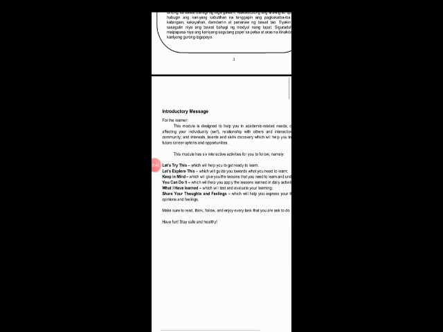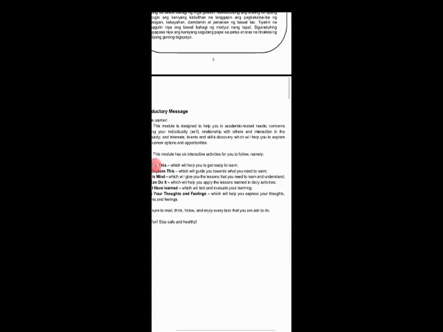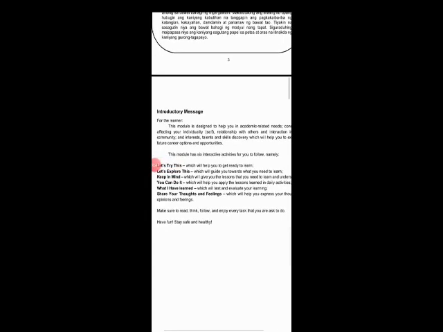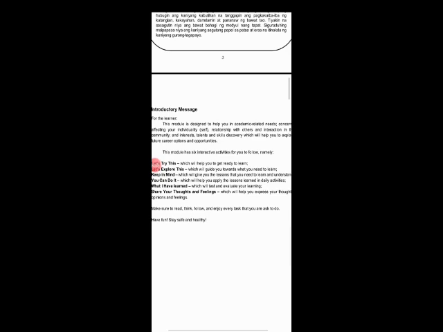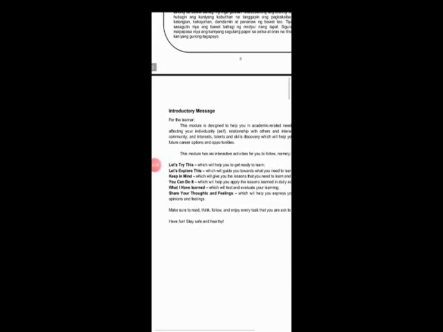This module is designed to help you in academic-related needs, concerns affecting your individuality, relationship with others, and interaction in the community, and in interests, talents, and skills discovery, which will help you explore future career options and opportunities.